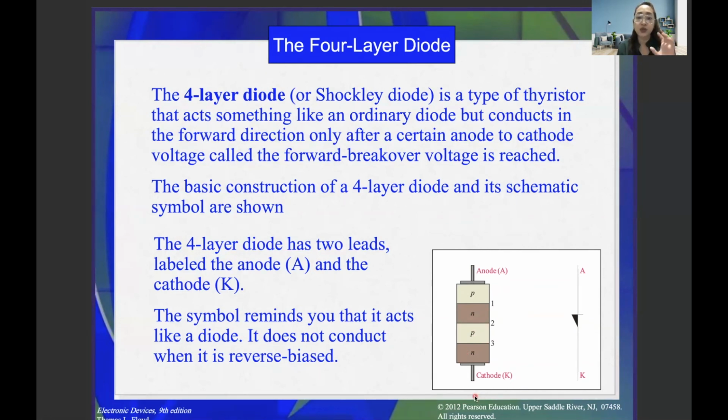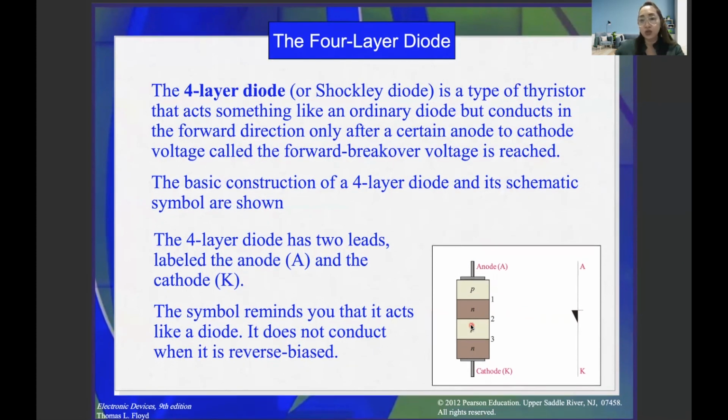The only way to switch off the Shockley diode is to lower the voltage or the applied current at the anode for it to be able to reform junction 2. Once you reform junction 2, that's the time it will turn off. It's not that you just turn off the switch and it's turned off already. No, you have to go to a certain point where junction 2 will be reformed for it to be turned off.